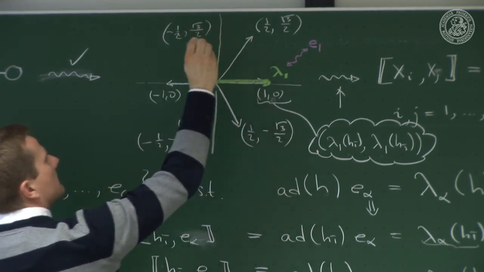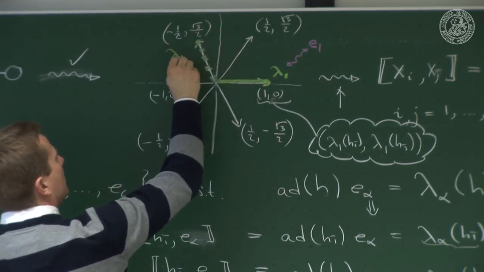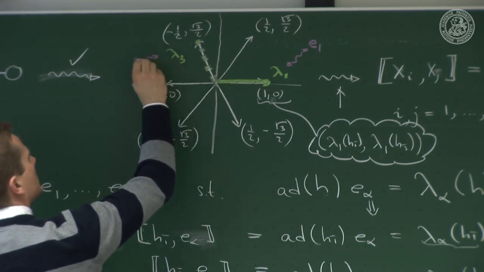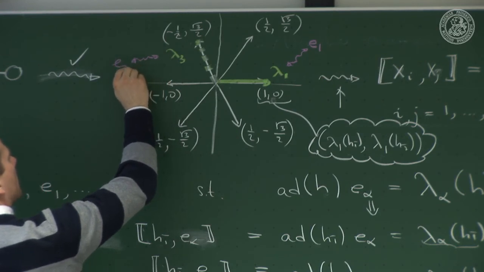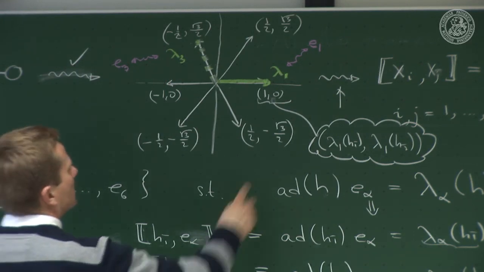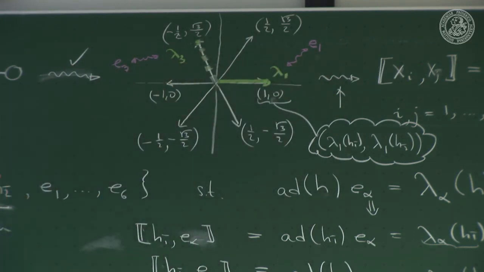So this guy here, this is lambda 3, say. And of course, this is associated with, but not the same as, a vector E3. So now the question is, what about the commutator of E1 and E3?